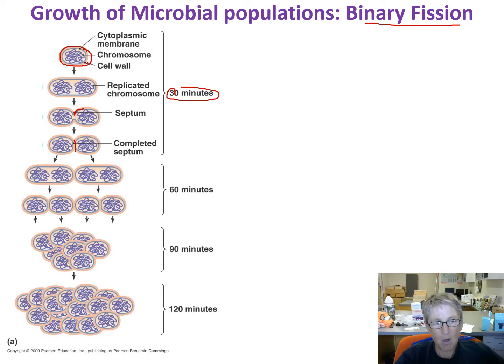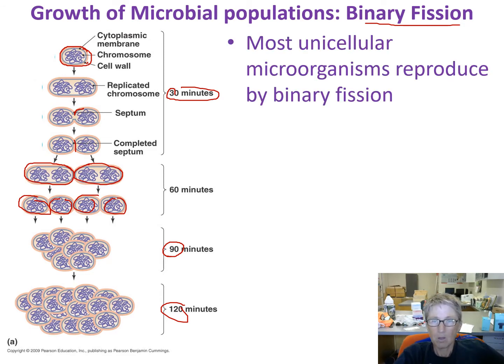And then you have two daughter cells, and then each one of those daughter cells replicates again. So from this daughter cell, you get two daughter cells, and from this daughter cell, you get two more daughter cells. And so the second generation will finish reproducing in 60 minutes, and then the third generation, 30 minutes later, the fourth generation, up to 120 minutes.